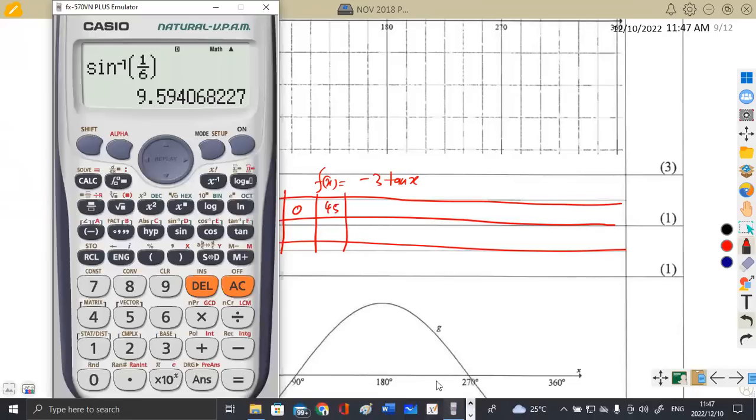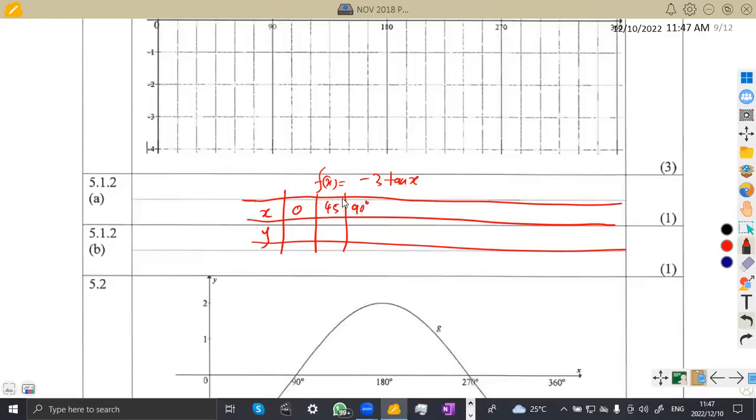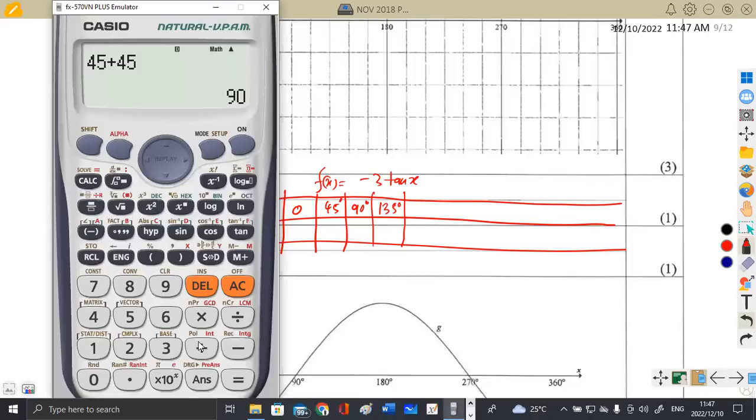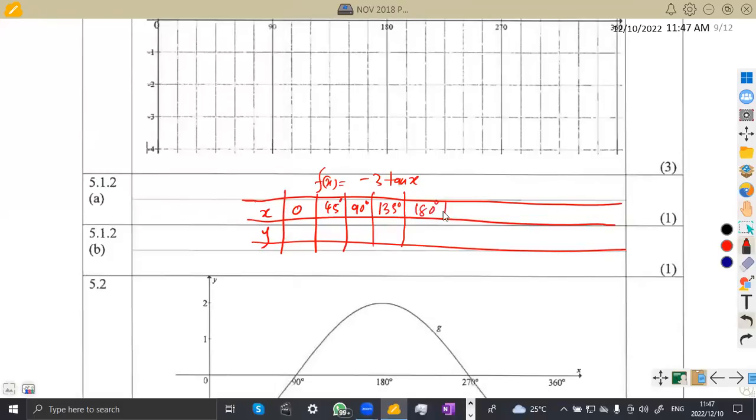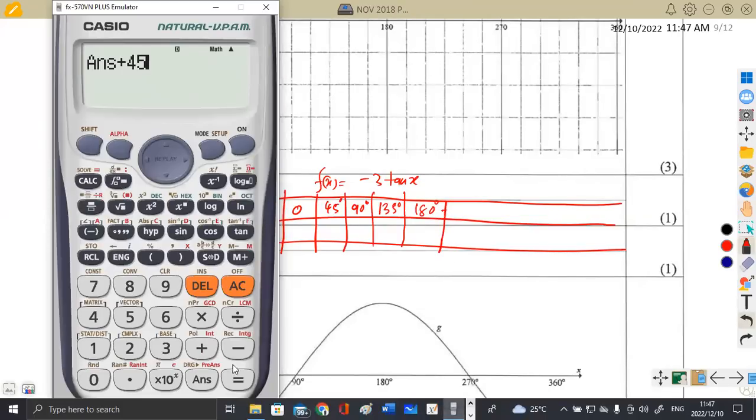So you add 45 plus 45, which is 90. You add and so on. So that is 90 degrees. You move on to 90 plus 45, which is 135 degrees. 135 plus 45, you simply add and add and add, which is 180 degrees. We move on 180 plus 45 up to 360.